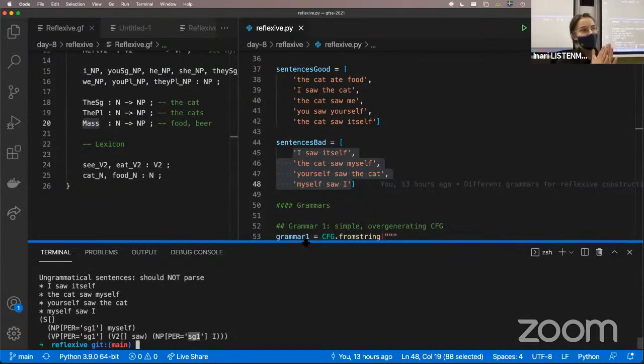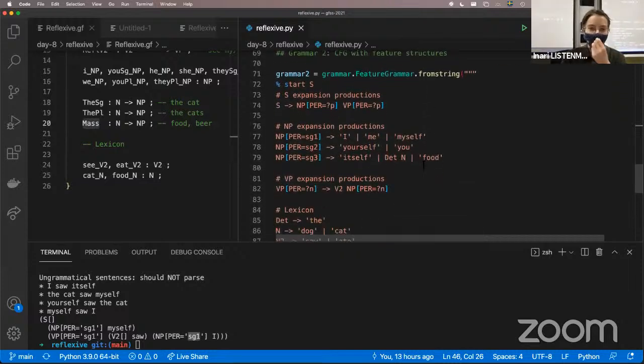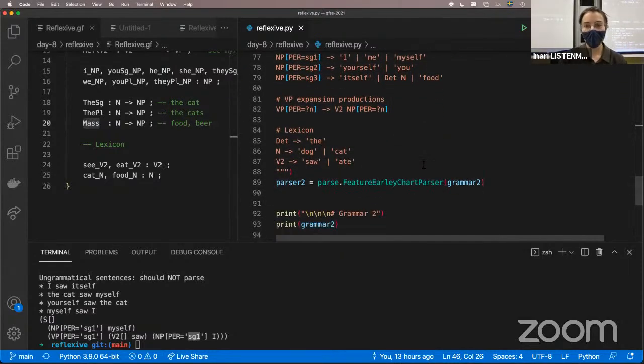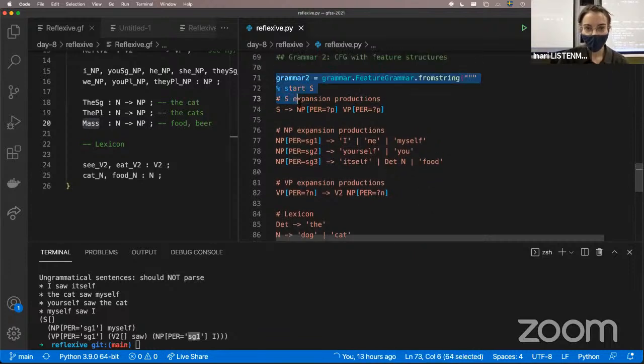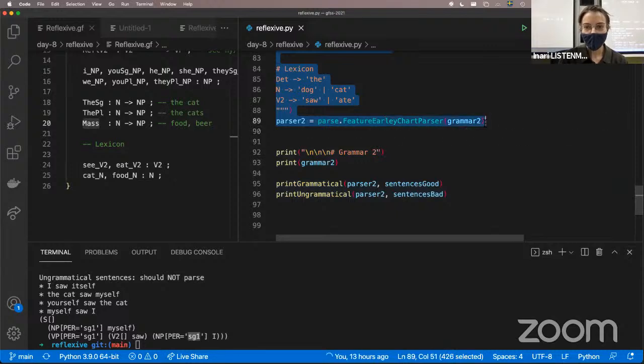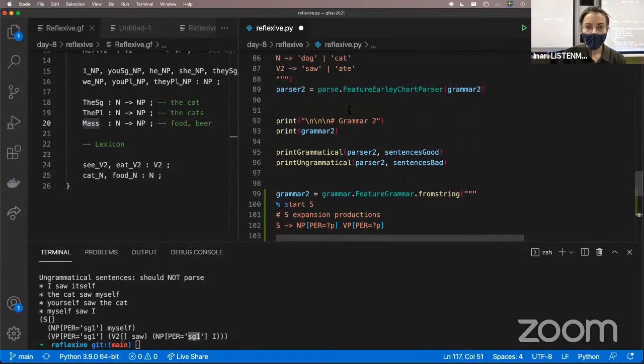Now let's be ambitious and do the two things that you said. Let's make grammar 3. I don't even know what I'm really proving with this, but it's just trying to show you different flavors of grammars.